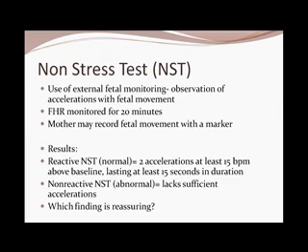It would be non-reactive if the fetus lacked sufficient accelerations. If there weren't 2, if they didn't last 15 seconds in duration, or didn't go up at least 15 beats above baseline. This would indicate need for further monitoring. At least we would want to let the physician or midwife know if we found a non-reactive NST.